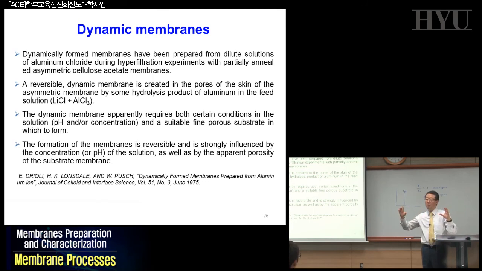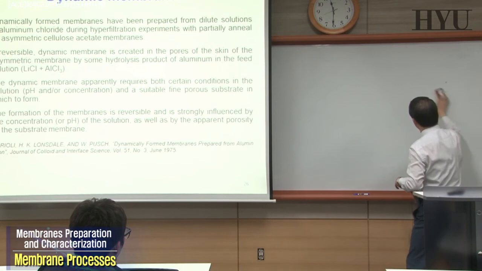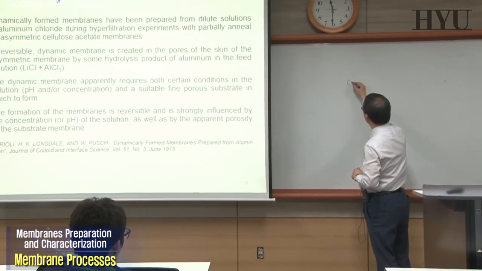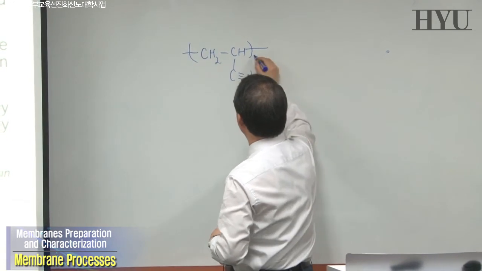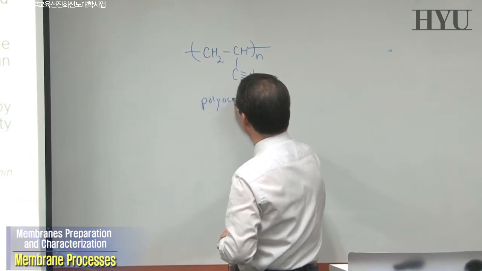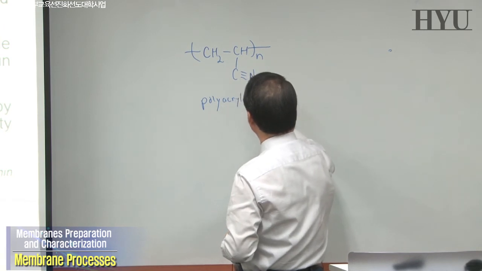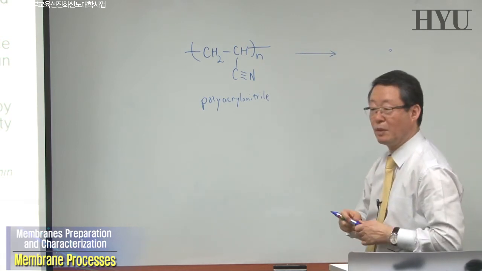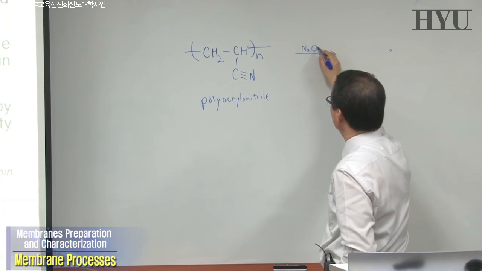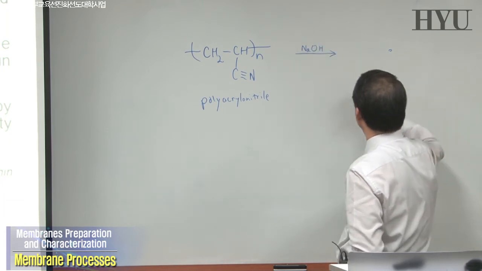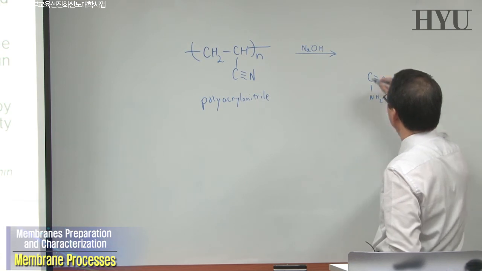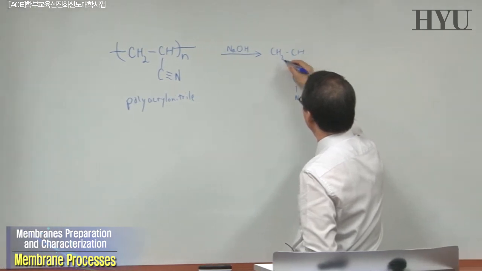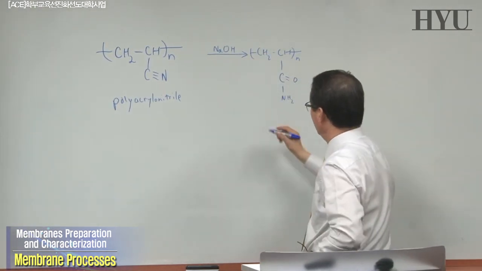If you have a polyacrylonitrile membrane, for example, and you put this polyacrylonitrile membrane in sodium hydroxide solution, then it will hydrolyze to become polyacrylamide.